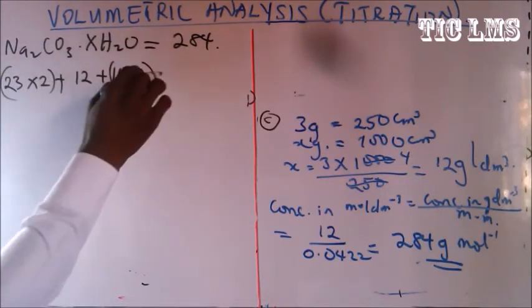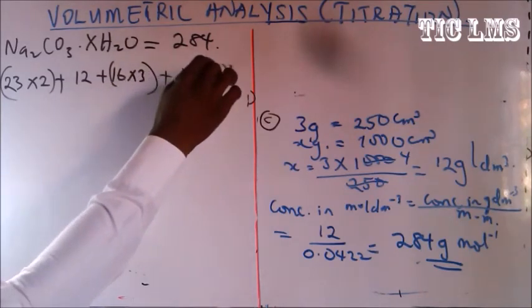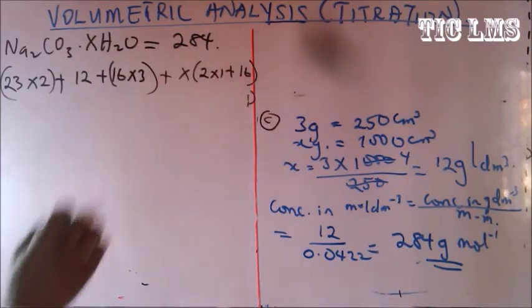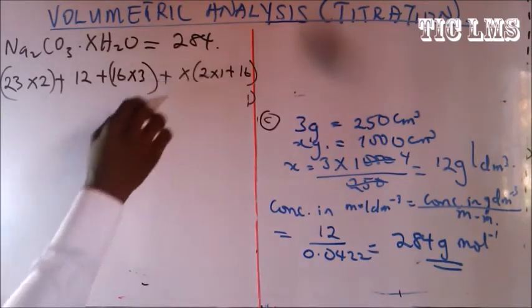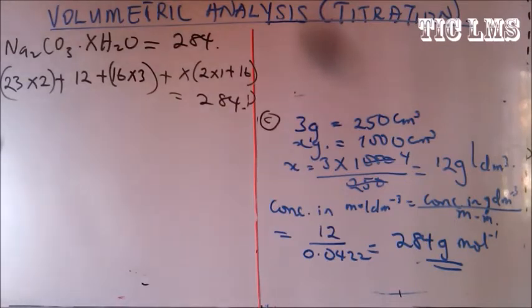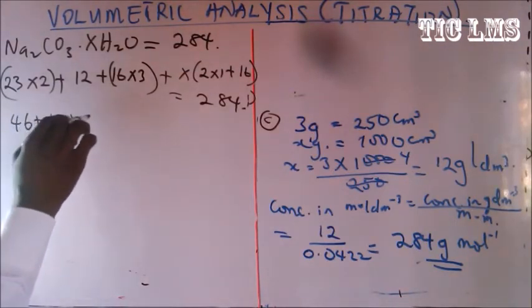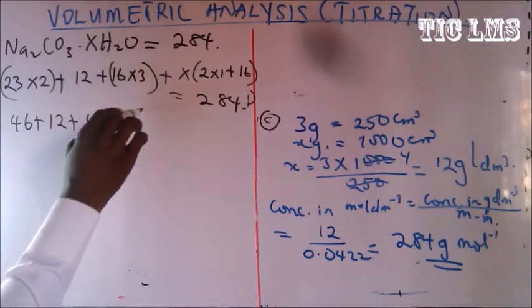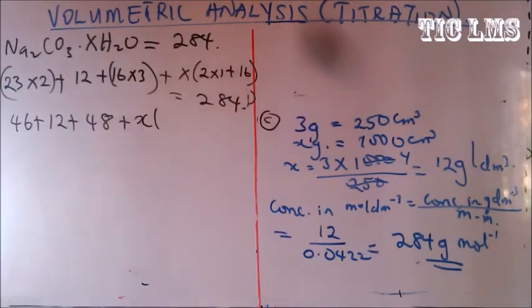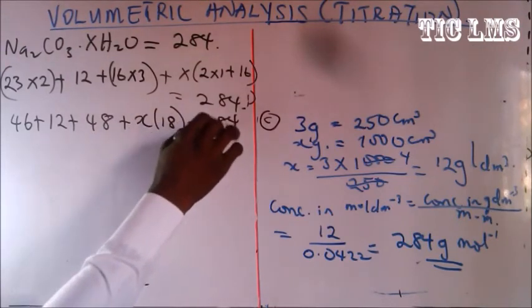Then plus X into brackets 2 times 1 plus 16. So this X multiplies this, and that would give us 284 in all. Here we have 46 plus 12 plus 48 plus X into brackets 2 times 1 is 2, 2 plus 16 is 18, equal to 284.